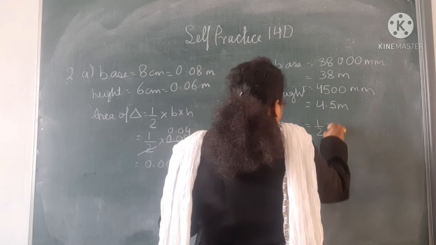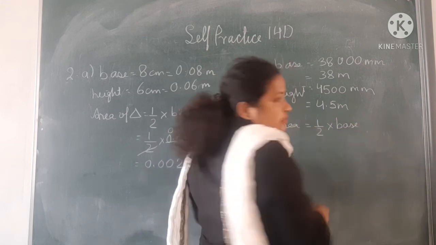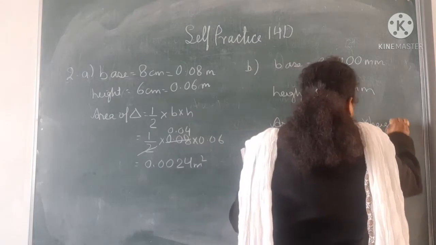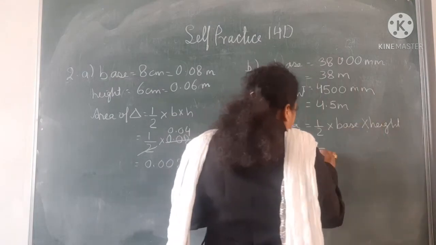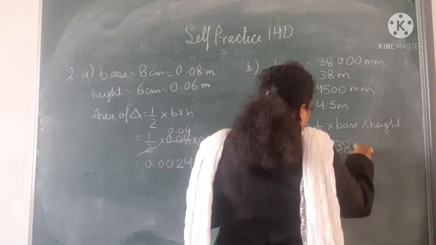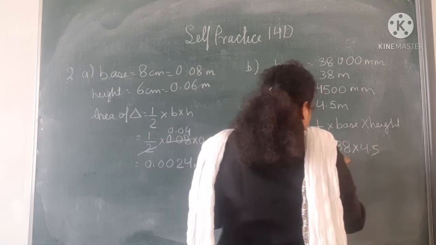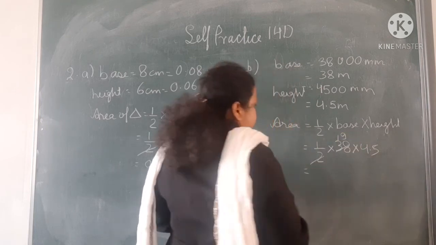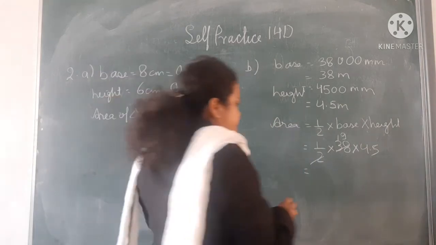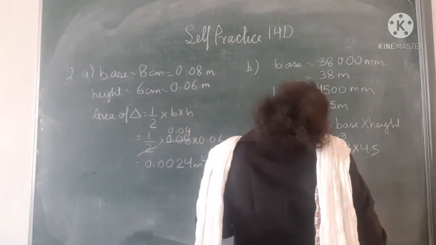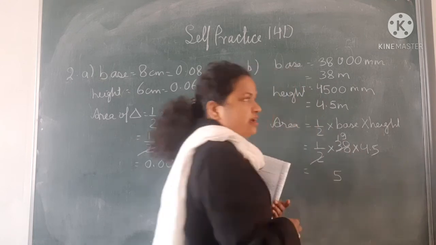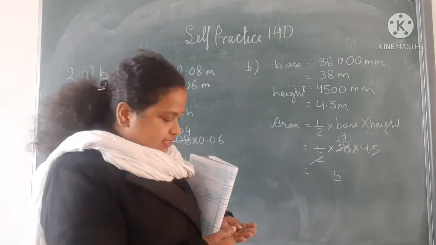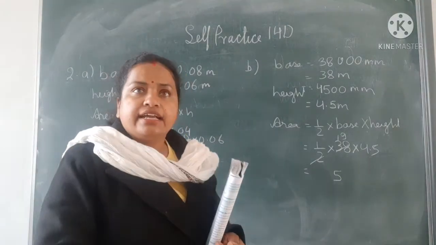Half into base into height. So 19 5s are 95, carry 9, 19 4s are 76, and 76 plus 9 is 85.